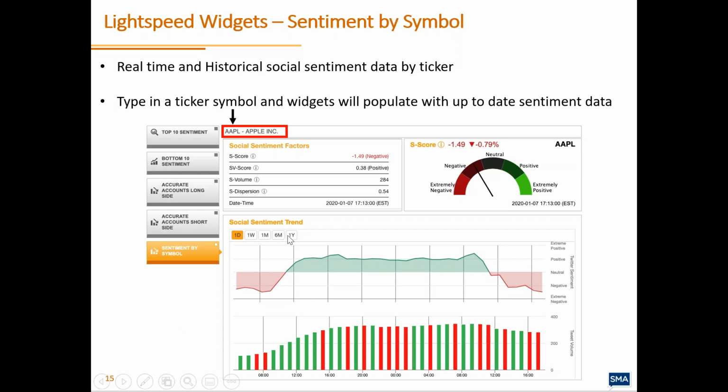And then there are various time periods of charts: 1 day, 1 week, 1 month, 6 months, and a year. The top half of that particular chart is sentiment, and obviously green is positive sentiment, red is negative sentiment. The ranges are here.